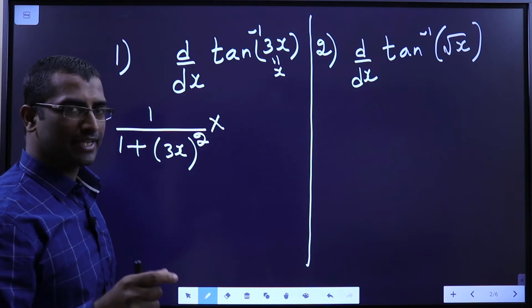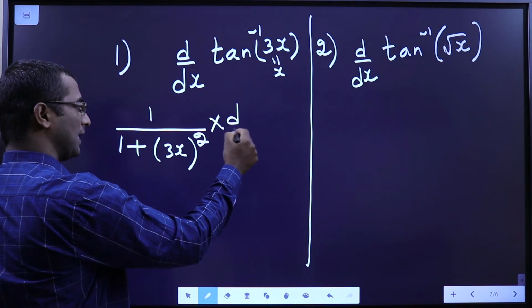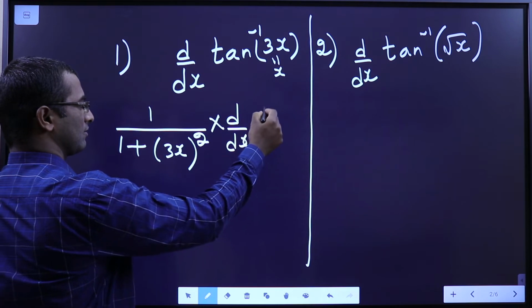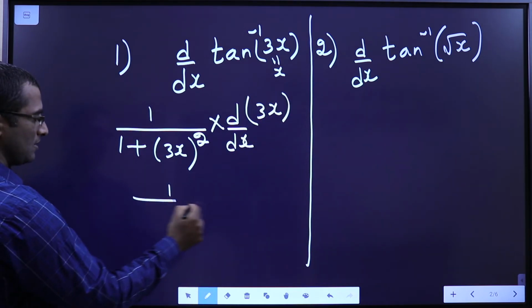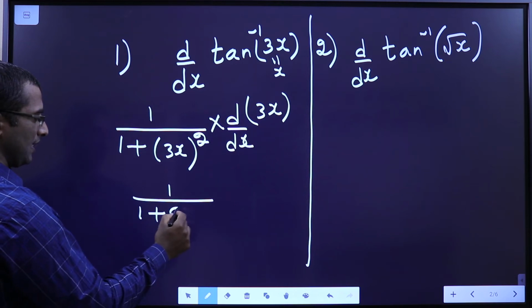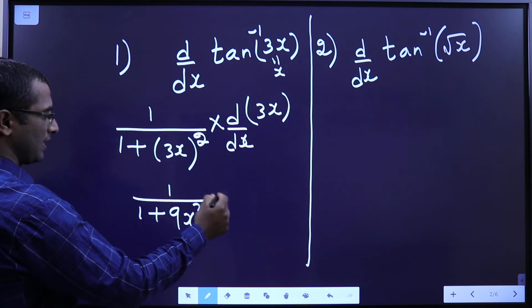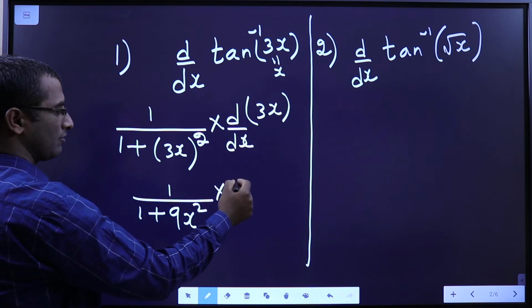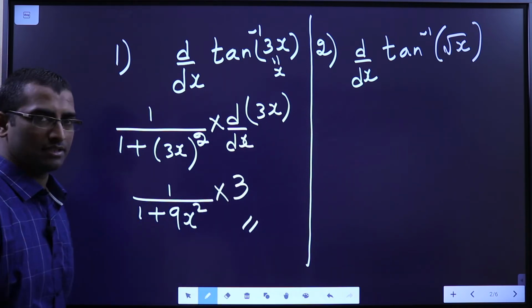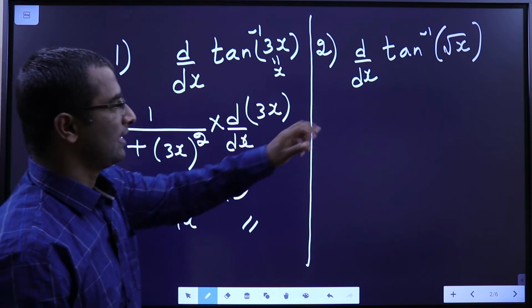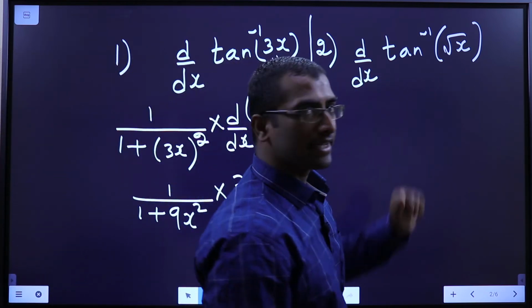Whatever I have in place of x, I need to multiply the answer by that derivative, right? So this becomes 3x whole square, which is 9x square, into d by dx of 3x. 3 will come out, dx gets cancelled. This is the answer.